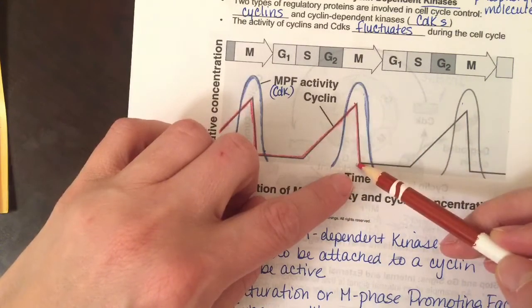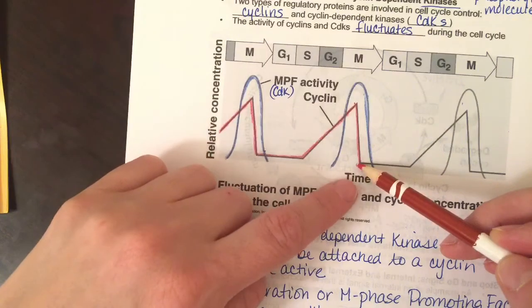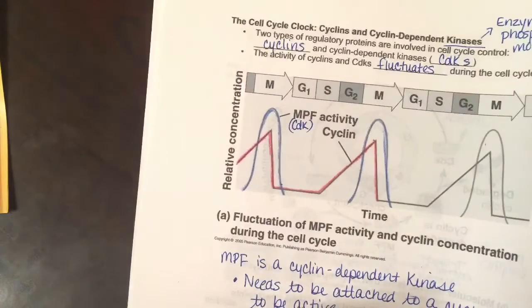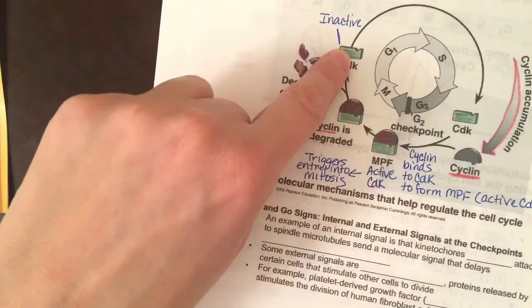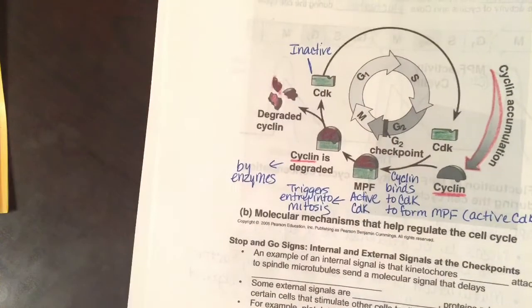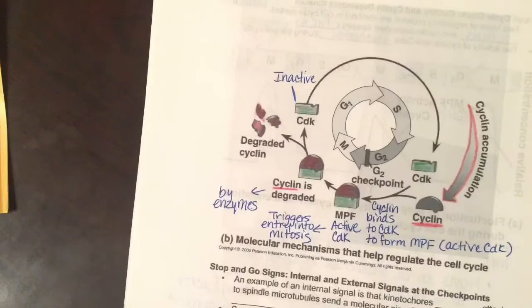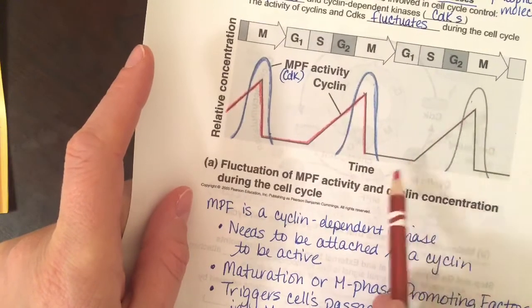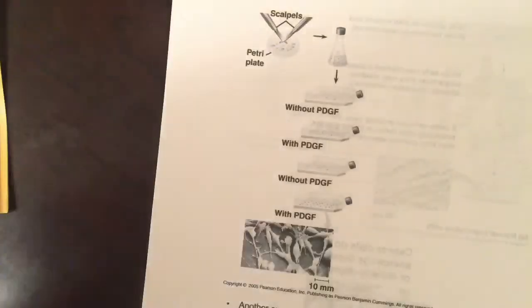Right here, this part of the graph is the cyclin degraded by enzymes, and then immediately after the cyclin is degraded, MPF is no longer there because it's not in the active form anymore because it's now the inactive CDK. And it stays down until the next cell cycle.